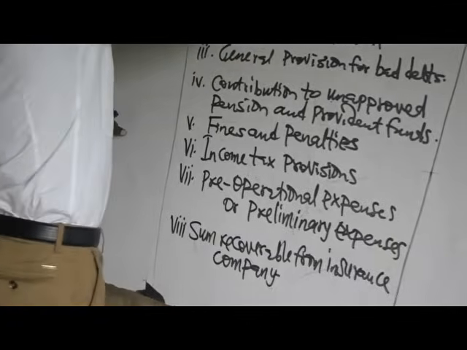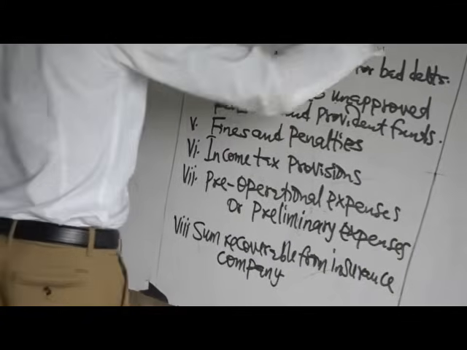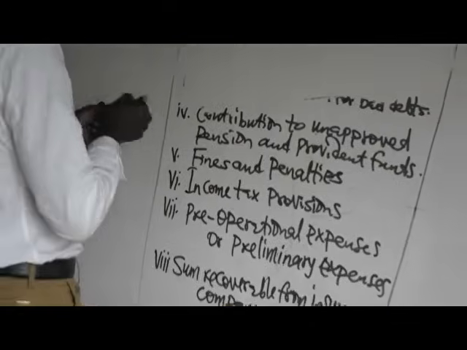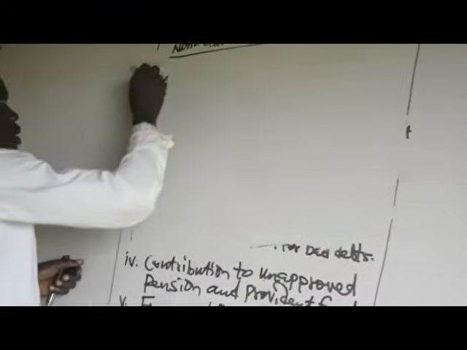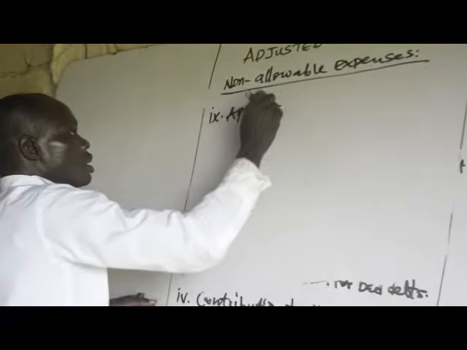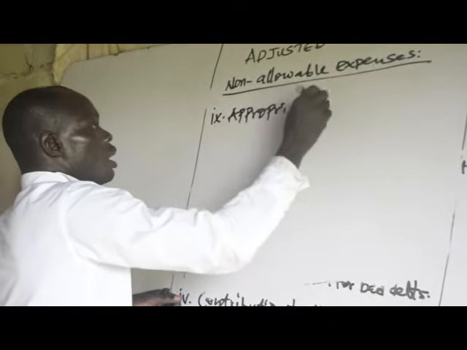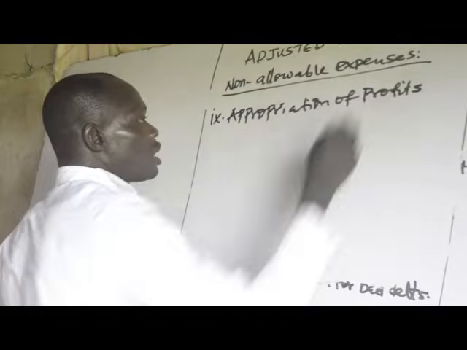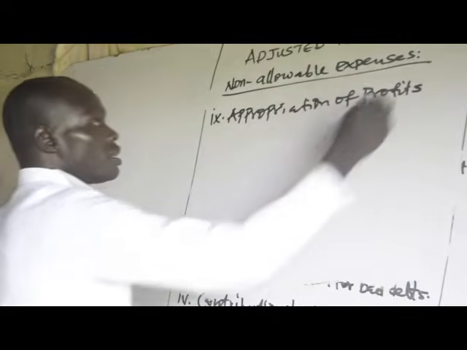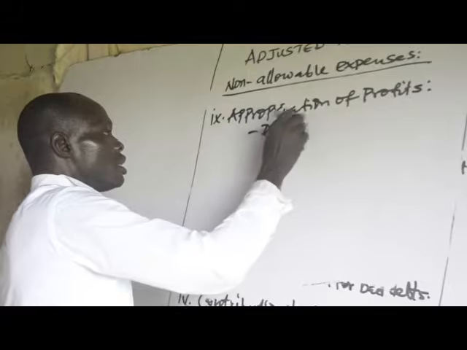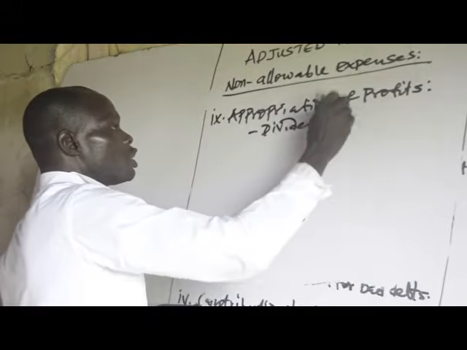Number 9, we have appropriation of profits. Appropriation of profits in form of dividend paid or proposed.